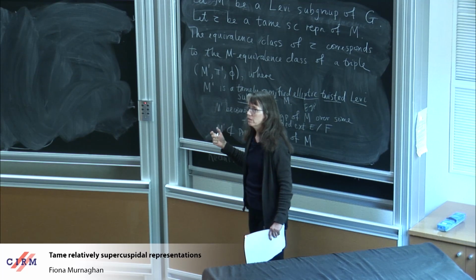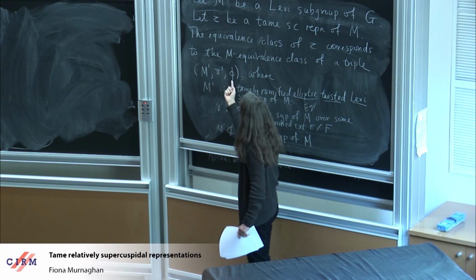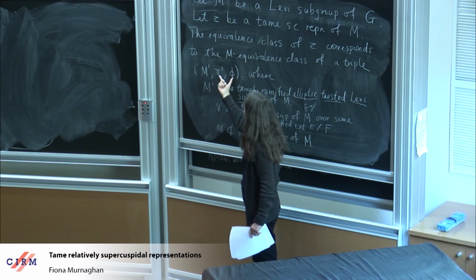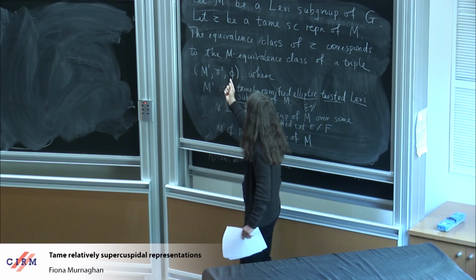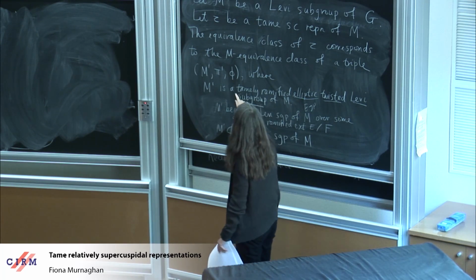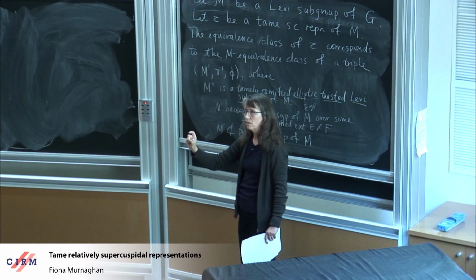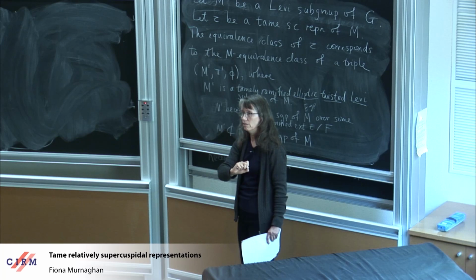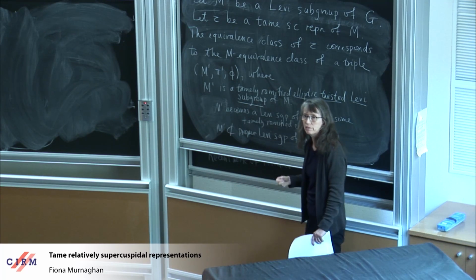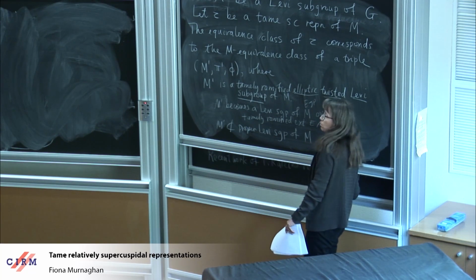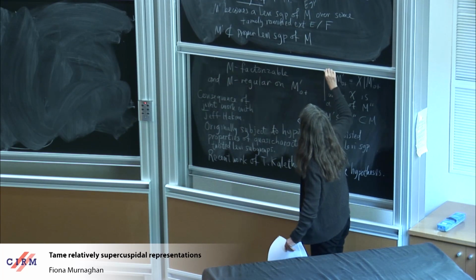We take the tensor of pi primed and phi, because phi is a quasi-character of M primed. If you have another triple, it's equivalent if you can conjugate the one to the other. I'm not going to write it on the board.